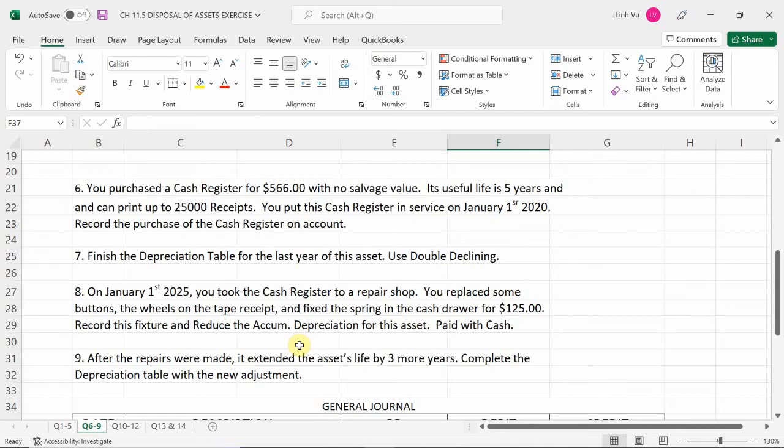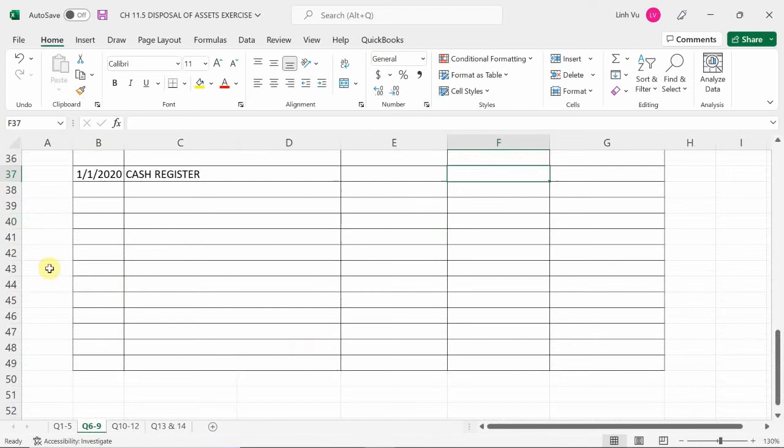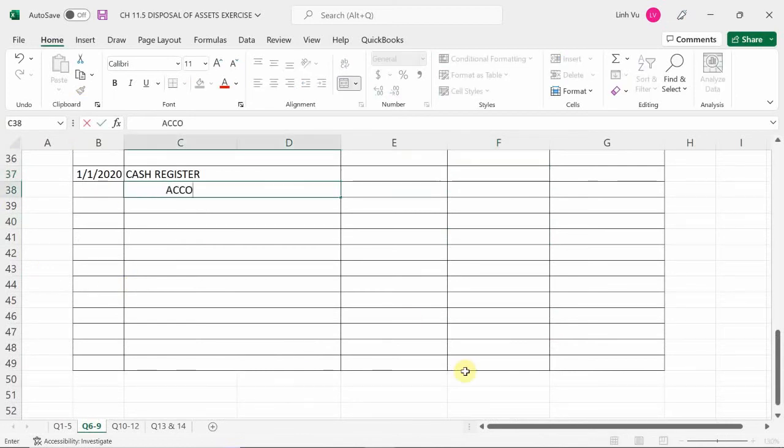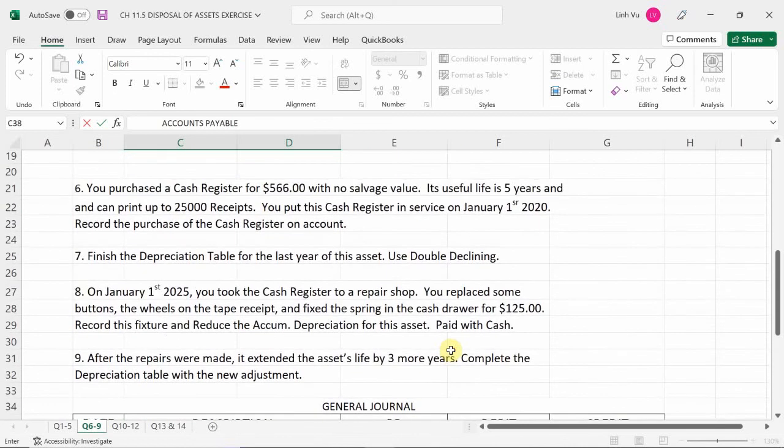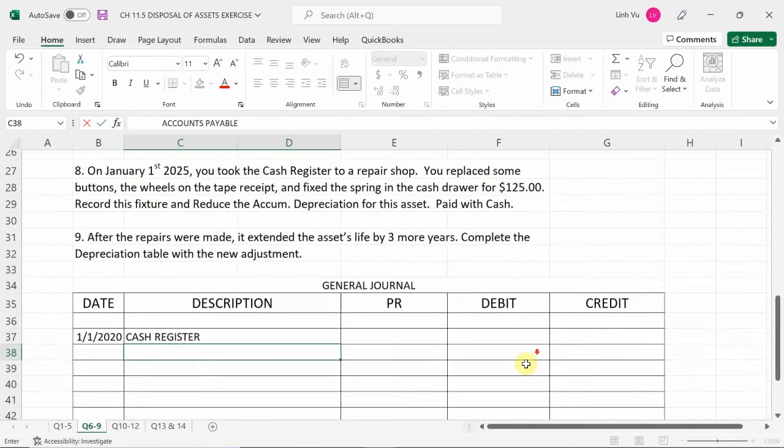No, wait a minute, hold on. The account was not paid with cash. Accounts payable. Good. For how much? Accounts payable. You purchased it for $566.